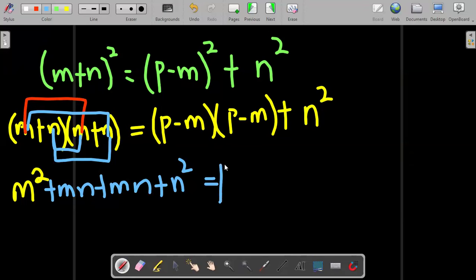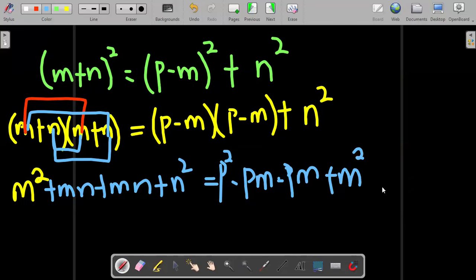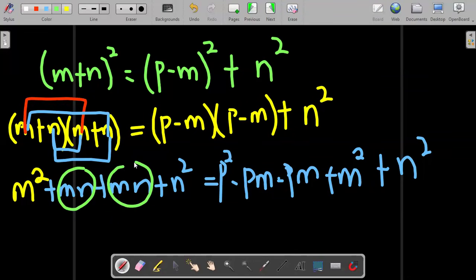So you are going to do the same thing here. I'm going to have p squared minus pm minus pm plus m squared plus n squared. You see that? So I will add those I can add. I will add these two together because they are the same.